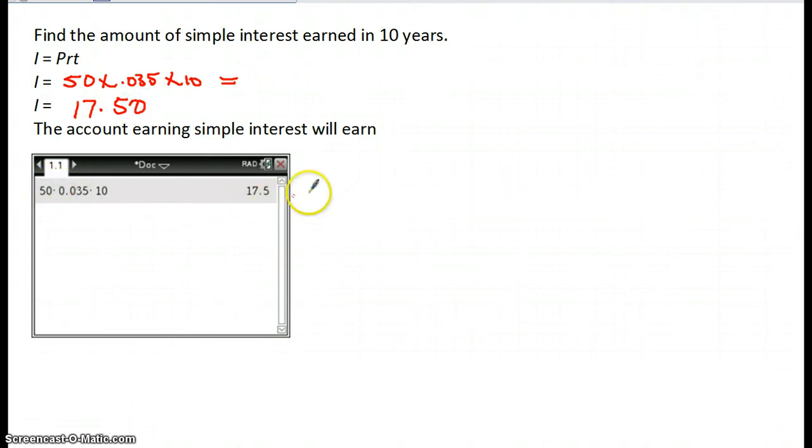Okay, that's how much simple interest I earn. So you want to keep that in mind: $17.50 simple interest over 10 years with the $50.